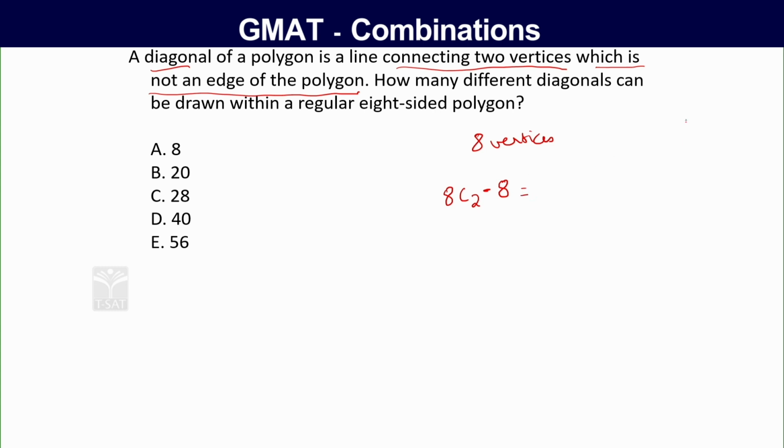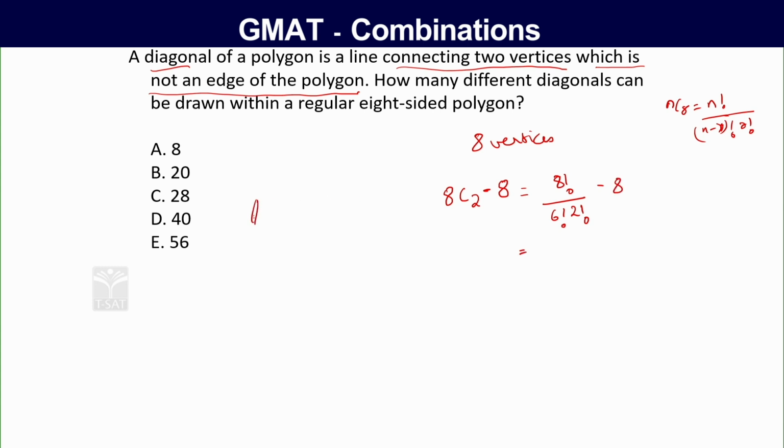So, 8C2, we remember from the formula of nCr, will be n factorial by n minus r factorial into r factorial. 8C2 is nothing but 8 factorial divided by 6 factorial, 8 minus 2 is 6, and 2 factorial, minus 8.